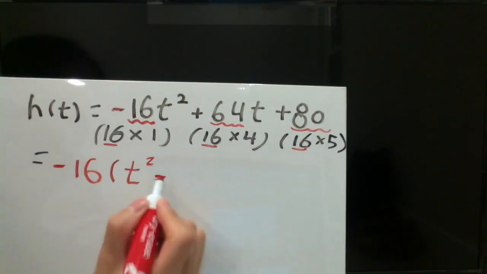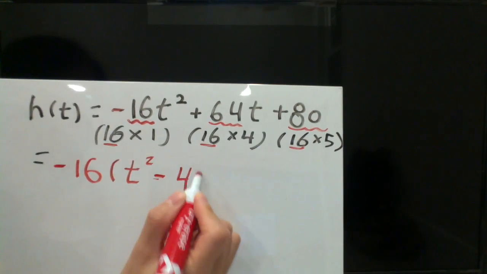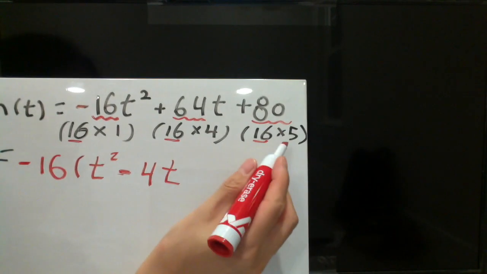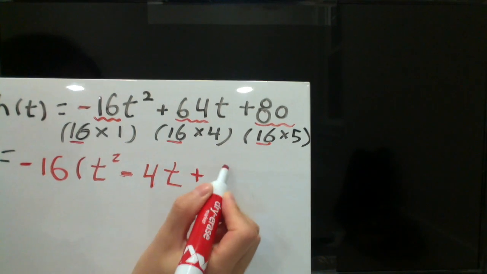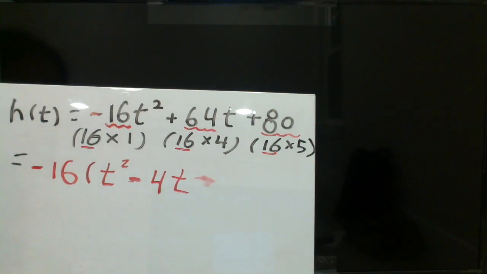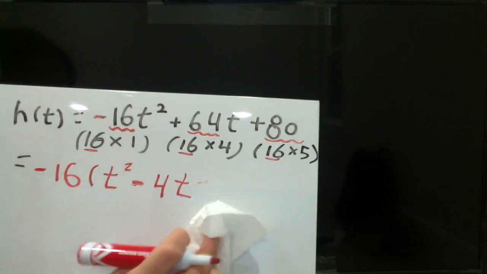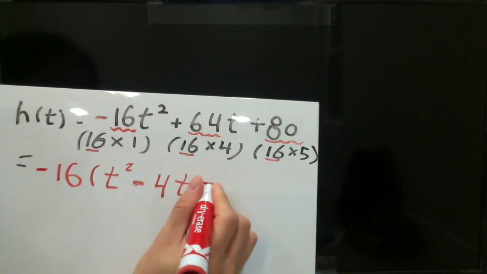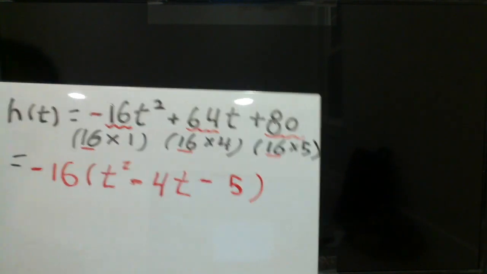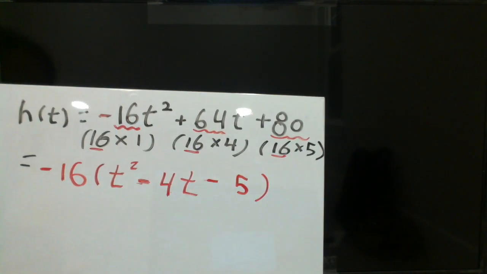But I have to have a negative because outside is negative sign. And negative 5. Okay, now I'll do factor.